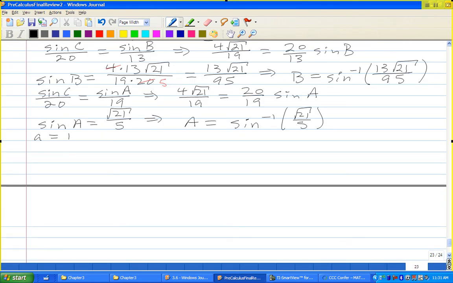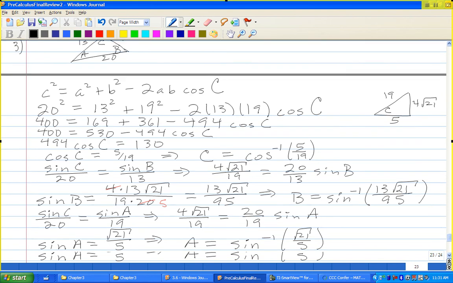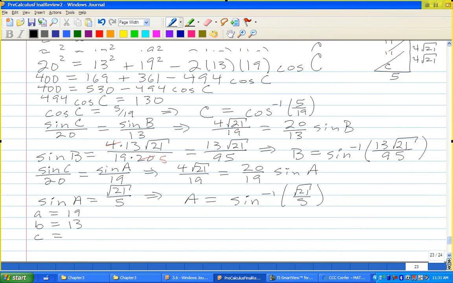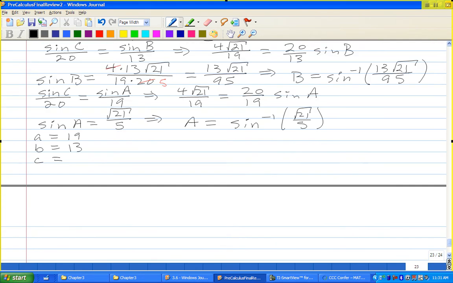Okay, so finally we get A is 19, B is 13, C is 20, A, arcsine of radical 21 over 5. Oh, this is going to be in degrees. Doesn't matter. In degrees. Okay.